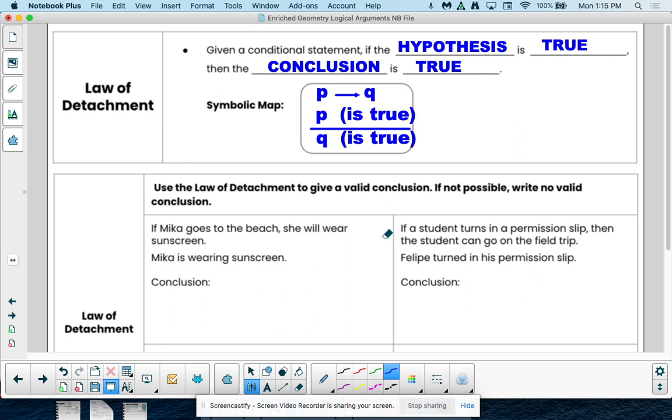And make sure you get down this symbolic map, okay? So we're told our conditional P implies Q. Then it says our first part is true, our hypothesis P is true, therefore our conclusion Q is true. That's what that says. And this will make sense once you guys see a few examples, okay?